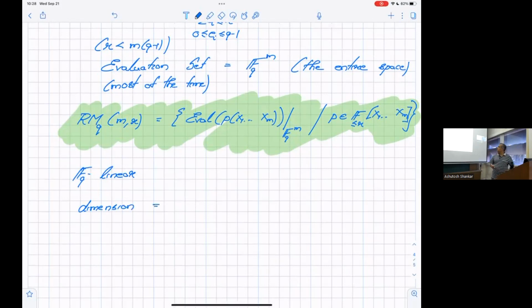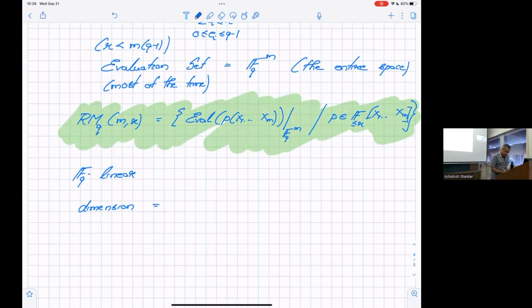The dimension is a hard number. It's basically the number of monomials. That's the degrees of freedom you have. Of course, I'm assuming every two polynomials give distinct evaluations. We haven't yet proved that, but once we have proven that, the dimension is exactly the number of monomials.